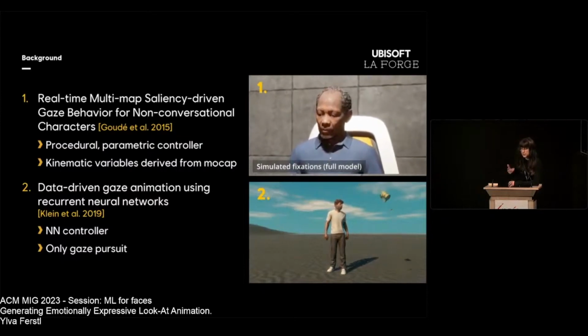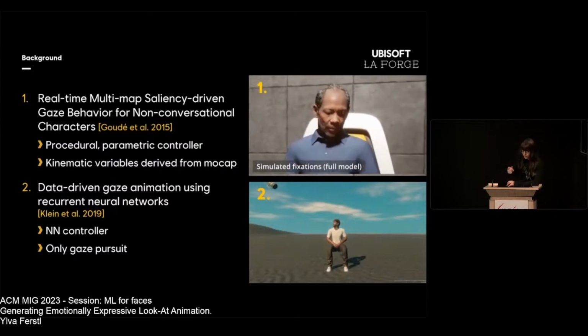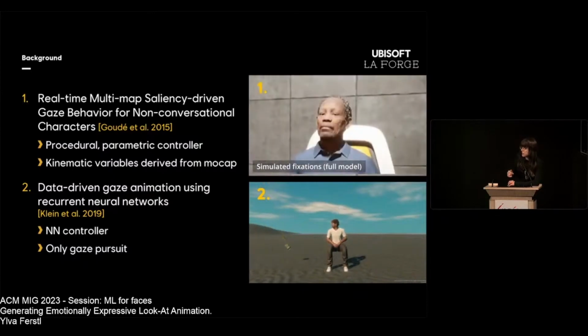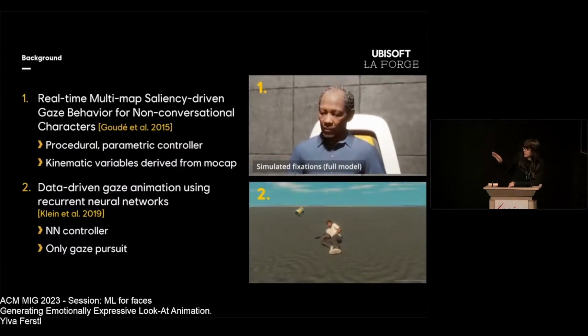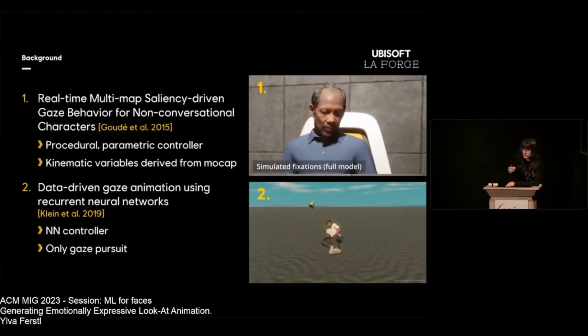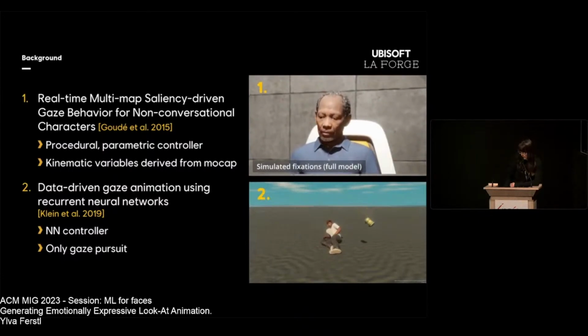And procedural parametric controllers are actually the bulk of the work in this area. However, there's a second work, the only neural network work I'm aware of in that field, by Klein and colleagues, the second one on the bottom. It is a neural network, but is only defined as gaze pursuit, so only gaze following. It cannot handle gaze shifts, so not looking at one target and looking away.